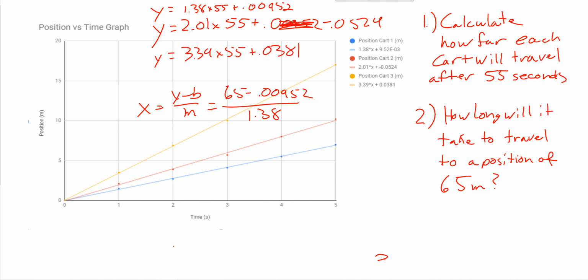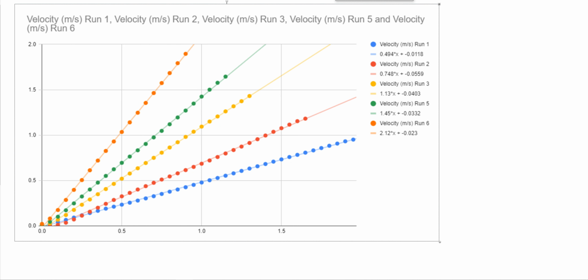Now, velocity versus time graphs. For this one, I would like for you to calculate, oh shoot, I picked a bad graph. All the y-intercepts are negative.